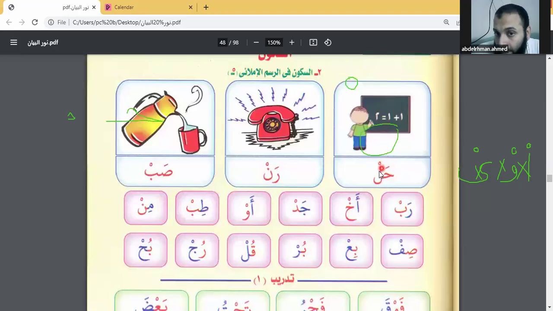No, the sukun means the letter is silent only in the Quran with these 3 letters. In Arabic, no, the letter is not silent. So here: Rab, Akh, Jad, Aw, Tib, Min, Sif, Bi', Bur, Kul, Ruj, Buh.